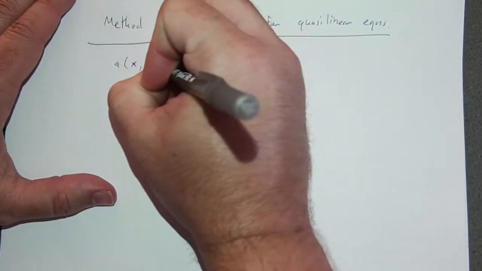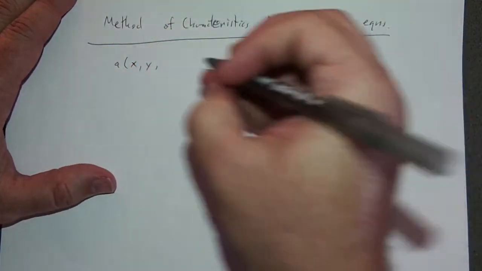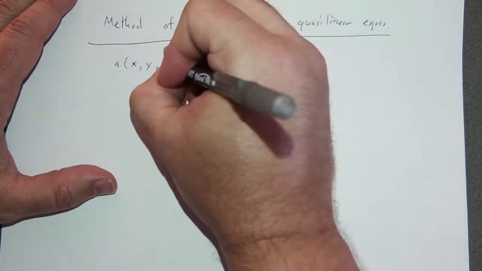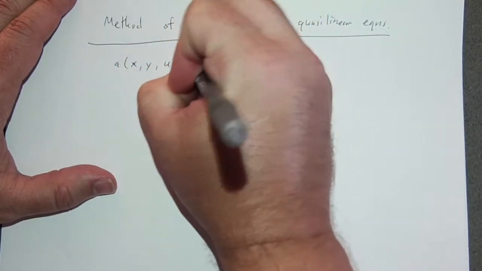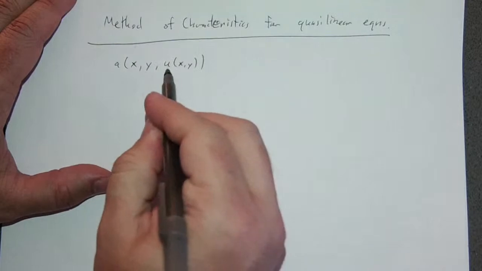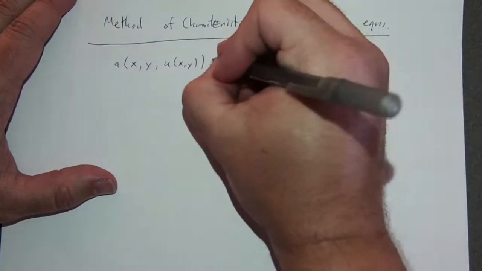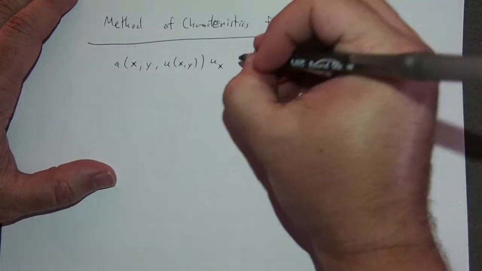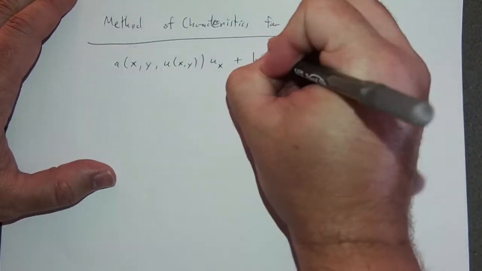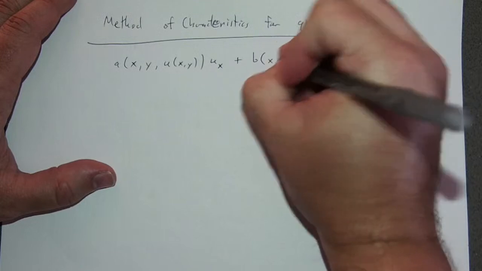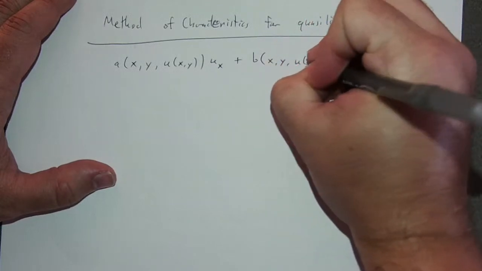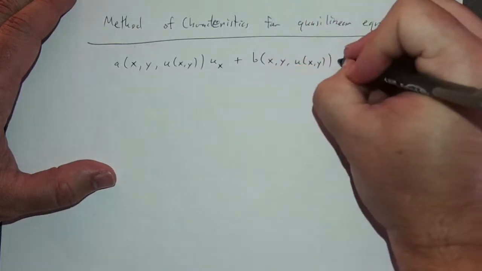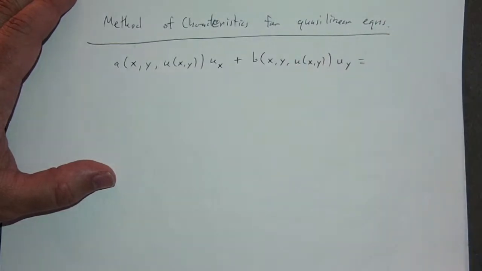So let's say we have two independent variables, x and y. This coefficient function, a, is now allowed to depend on x, y, and u, times u sub x, plus my second coefficient function, b, again allowed to depend on x, y, and u itself, times u sub y.